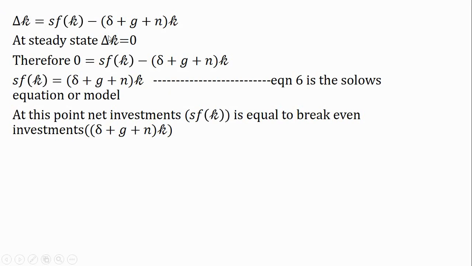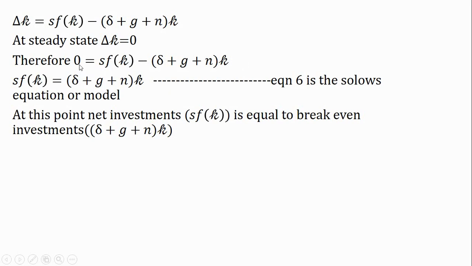So the steady state condition is that our change in capital per effective worker is equal to 0. Since this is equal to 0, we equate the entire equation to 0. So since change in kappa is 0, we have 0 equaling s, a function of kappa, minus (sigma plus g plus n) times kappa.